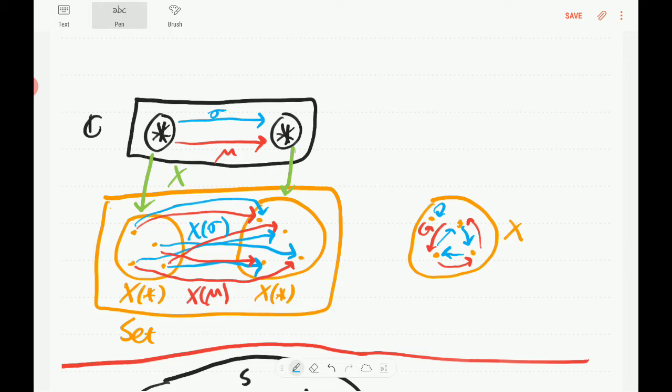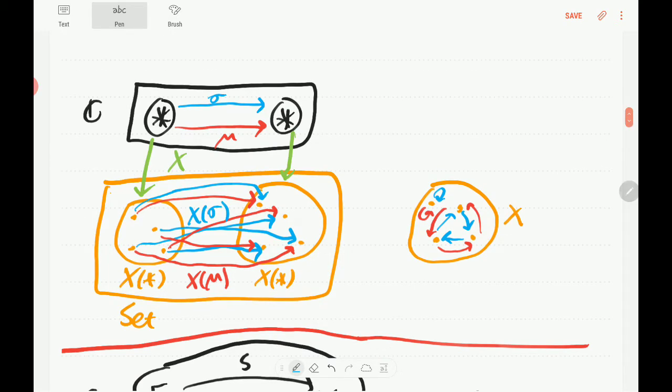So they're both functions from X of star to X of star, but one would be the inverse of the other. So when we make a picture of an object like this, we'd consider it again as a set of states with some kind of update function, but that update function would just have everything cycling, like the red one, let's say, and then the blue one would just be the inverse one where all the arrows go in the opposite direction.